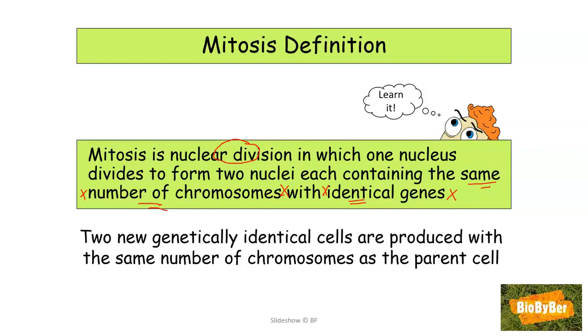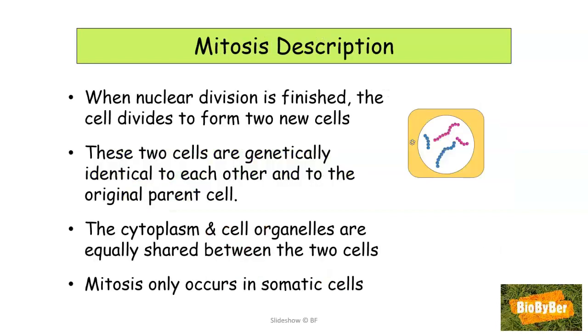So we're going to produce 2 new genetically identical cells with the same number of chromosomes, or in other words, clones of the parent cell, and the new cells will also be clones of each other. Now, when nuclear division is finished and the nucleus has divided or copied itself, the cell will then divide to form two new cells.